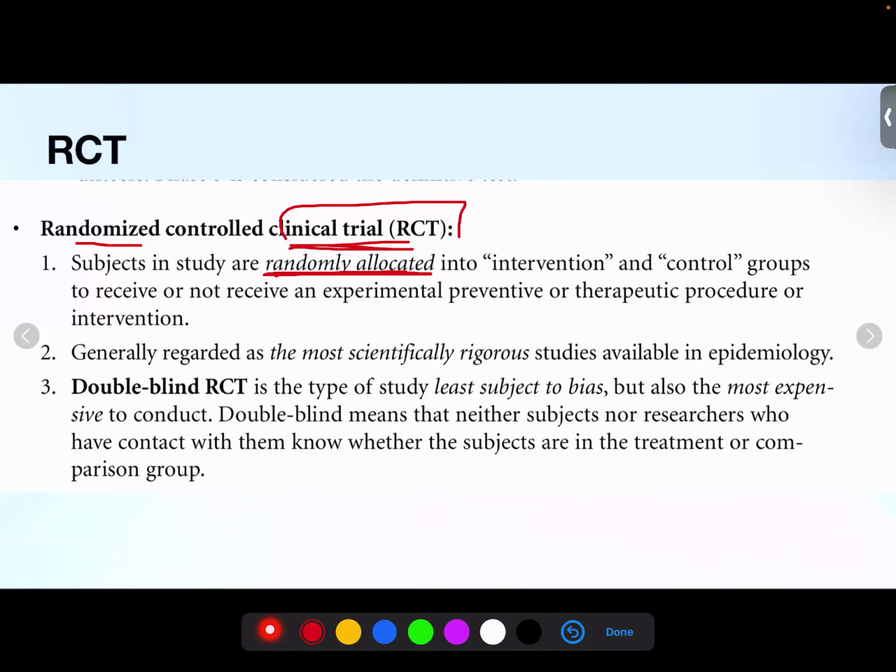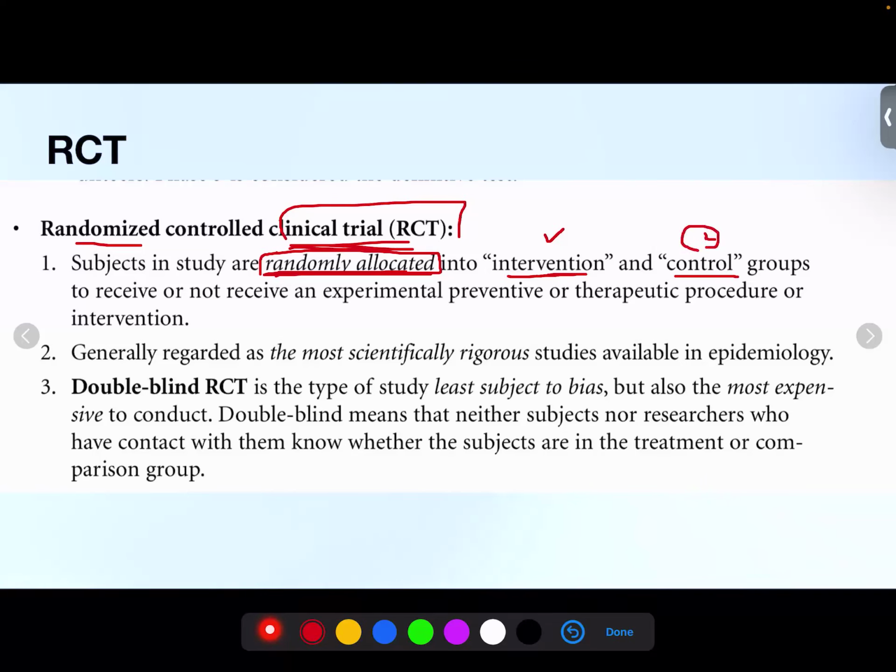The experiment means you randomly allocate the individuals into two groups. One is the intervention group, where you are testing a regime, a drug, or giving some kind of intervention to the individual. The second is the control group.